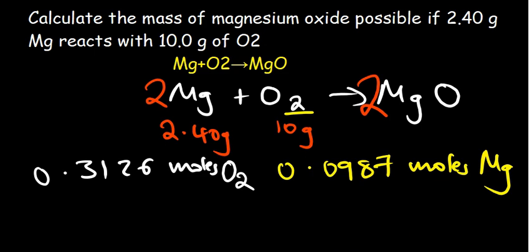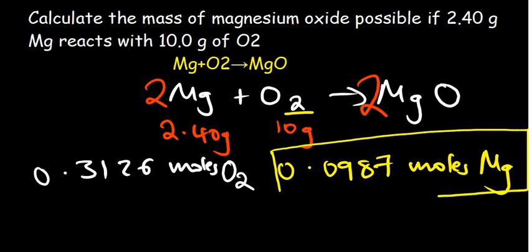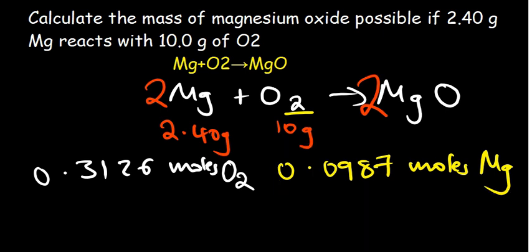Now, since we found our limiting reagent, we're supposed to use it to determine the product, using the mole ratios. In this case, we'll assume we've not found the limiting reagent and are just going direct. We can do it in two ways. First of all, we'll consider the same magnesium.